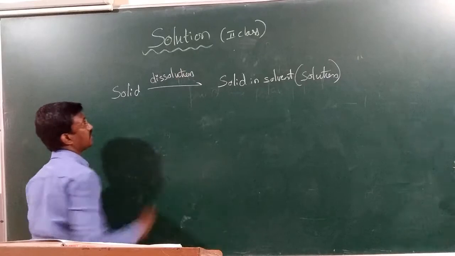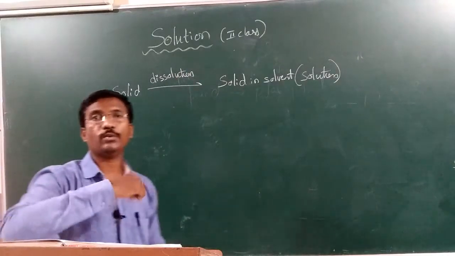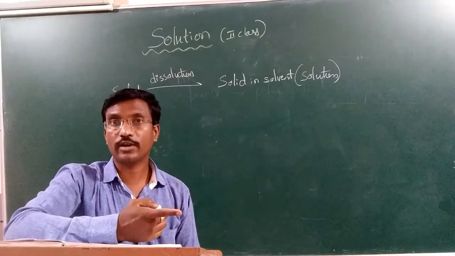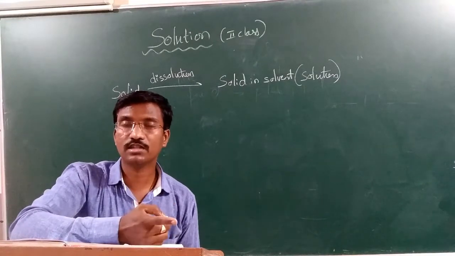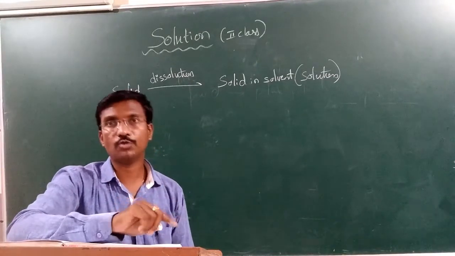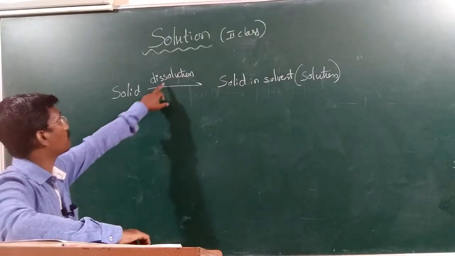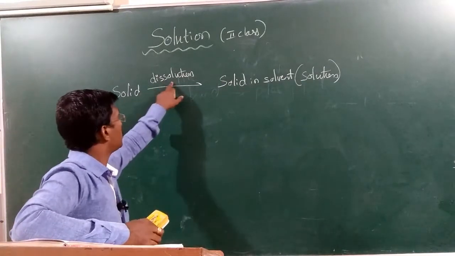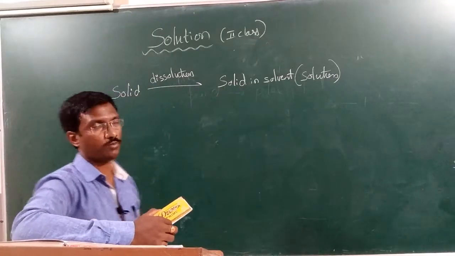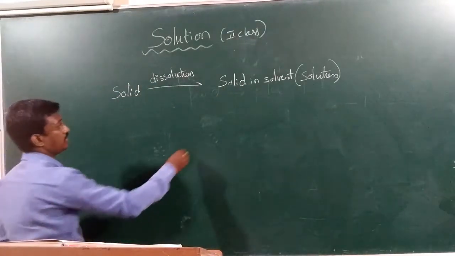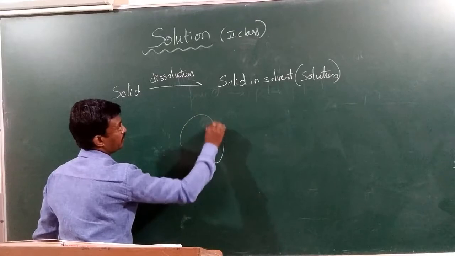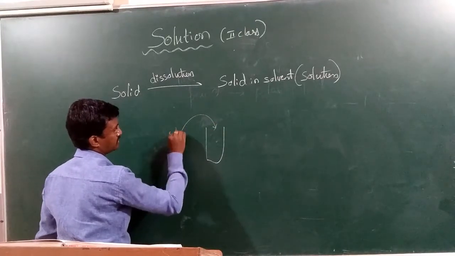I hope this is clear for you. So when we mix a solid with the solvent, it forms a solution. A solution is nothing but something that should contain solute and solvent. When the solid dissolves in a solvent, that process is called dissolution. So it means that to the water we are adding some salt.